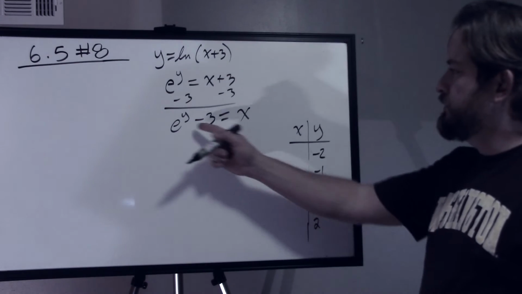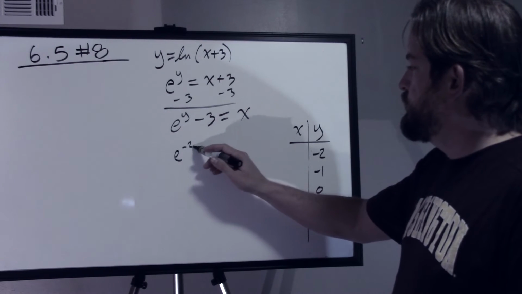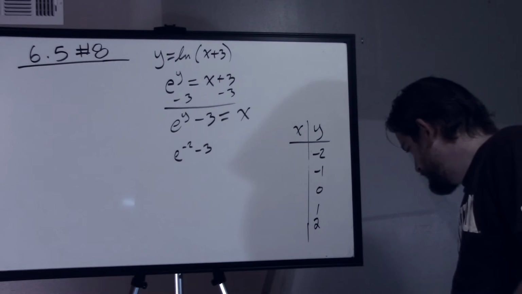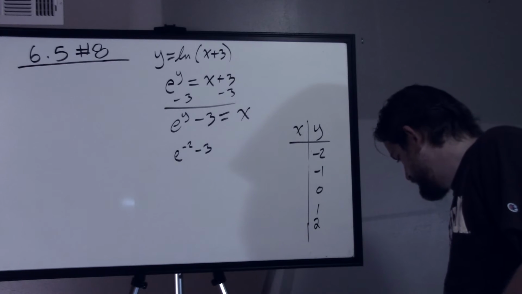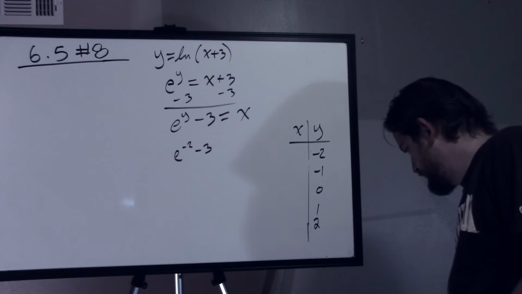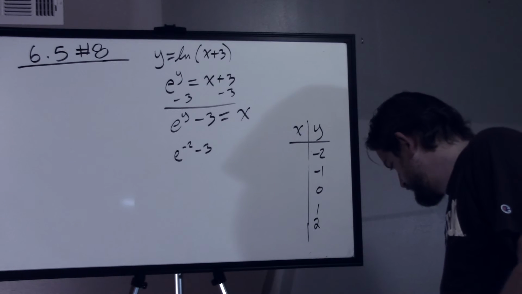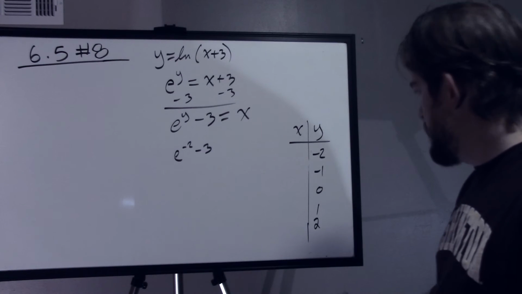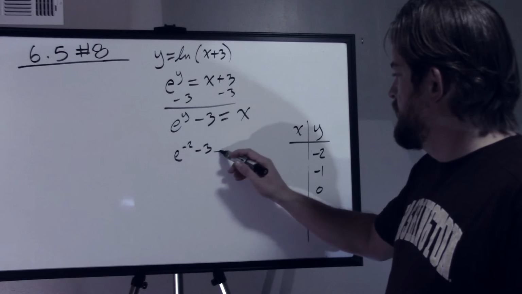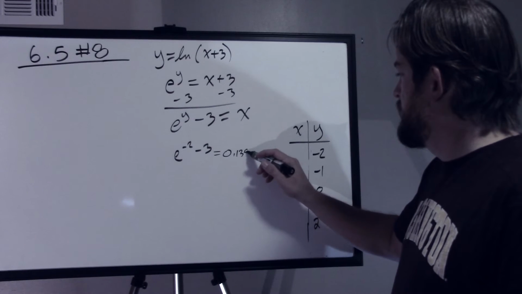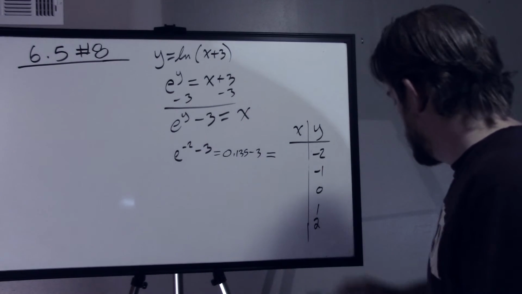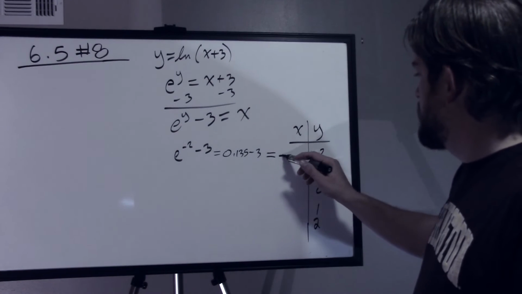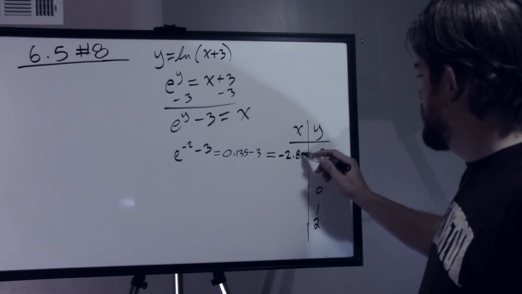If y is -2, this gives me e to the -2 minus 3. But e to the -2 is 0.135, and then minus 3 equals -2.86.